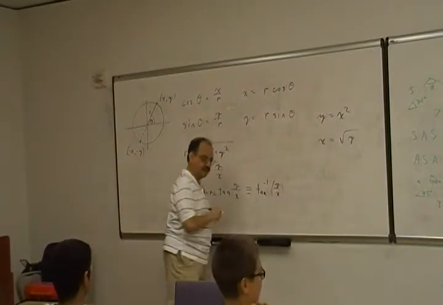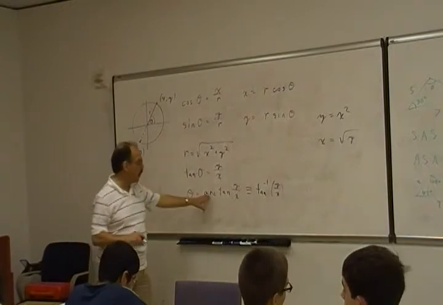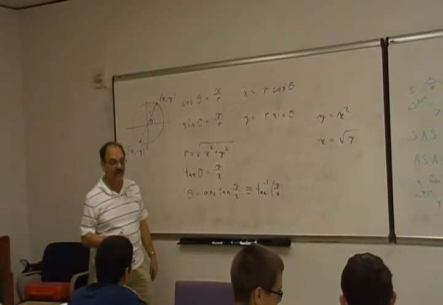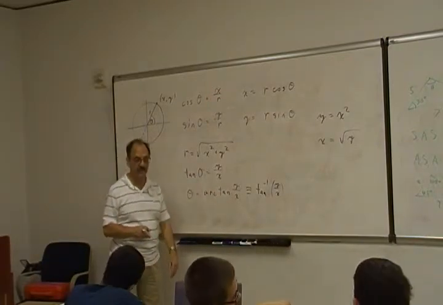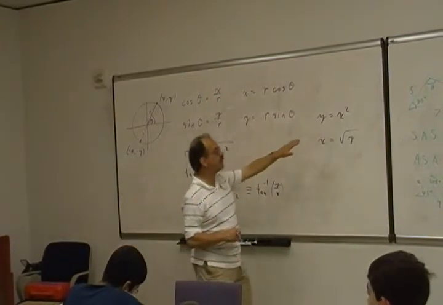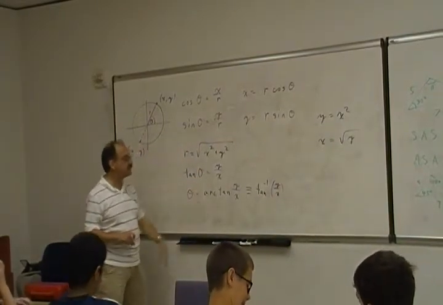So you may see a minus 1 symbol on a calculator, or an arc, or an INV, meaning inverse, and that means go backwards. The inverse of the squaring function is the square root function. The inverse of the tangent function is this.